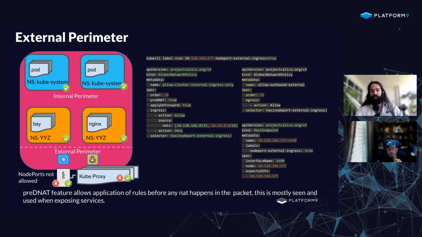This is the network of our workers and masters, right? And this one is the network of our pods CIDRs, right? So that kind of flow is allowed, and everything else is denied, right? And it is going to be applied to the label and selector that has not for external ingress, right?